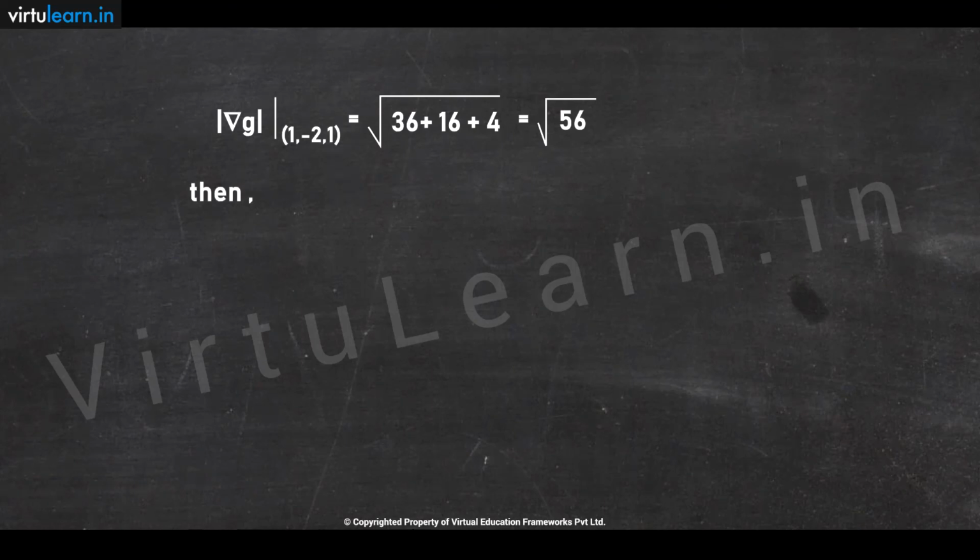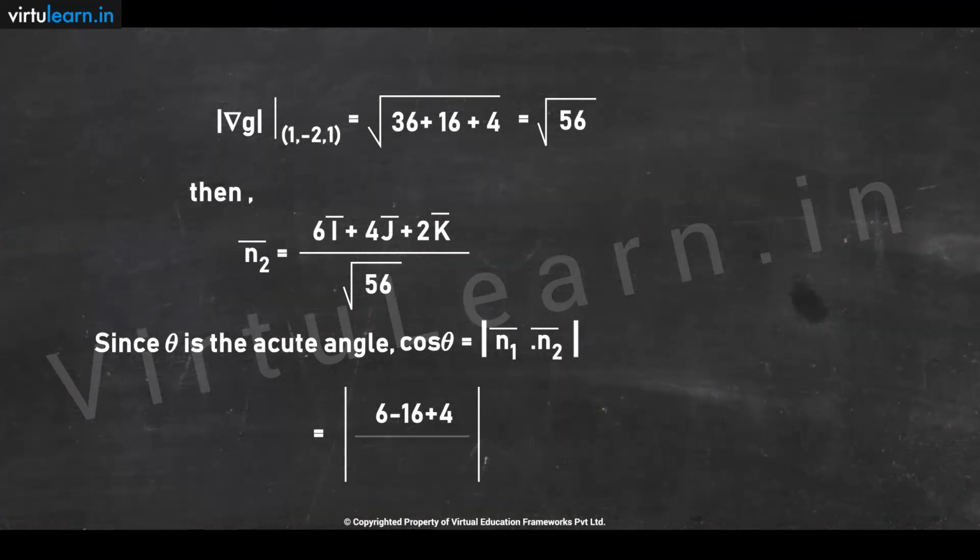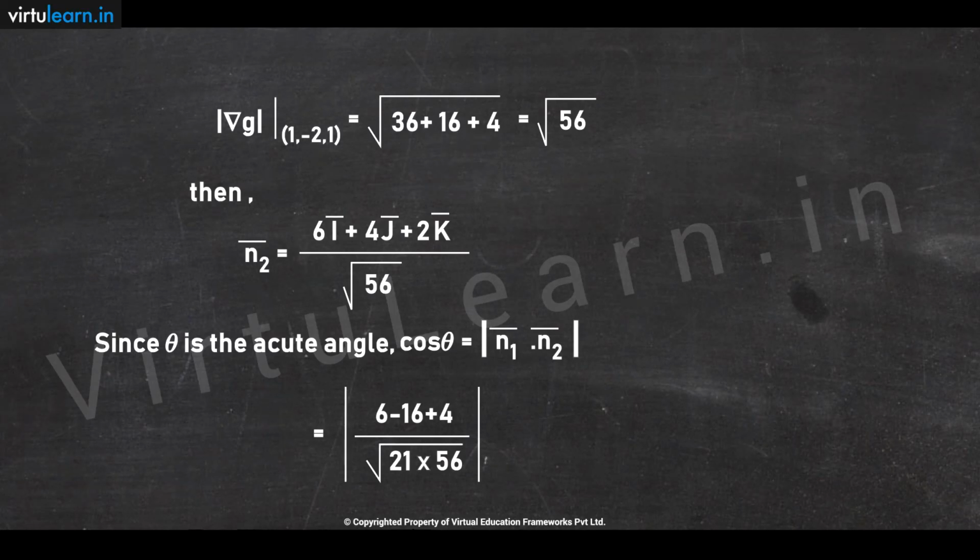Now theta is the acute angle that is given. So cos theta is equal to modulus of n1 bar dot n2 bar. We know how to find the dot product of two vectors. So therefore we get modulus of 6 minus 16 plus 4 divided by square root of 21 into 56. 7 and 3 are the factors for 21, 7 and 8 are the factors for 56.